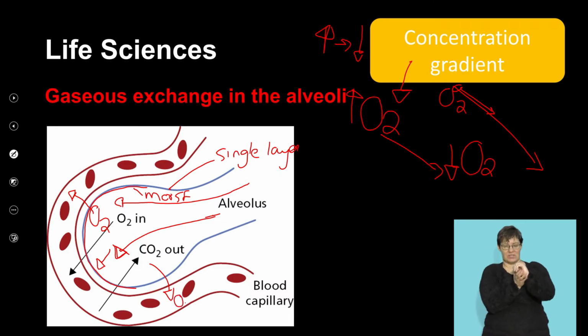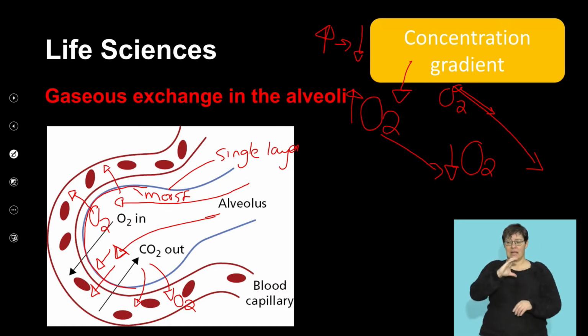So when we have oxygen over here, the oxygen moves from the alveoli into the blood capillary. As you can see over there, we've just moved it from the alveoli into the blood capillary.